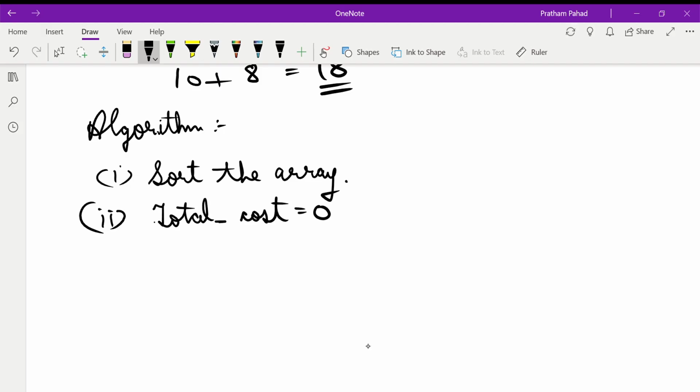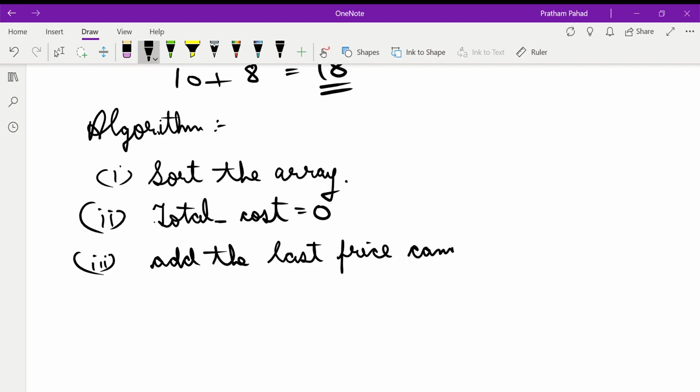Now add the last price candy directly to your cost, which is my highest price candy, so that all other candies are less than or equal to my highest price candy.